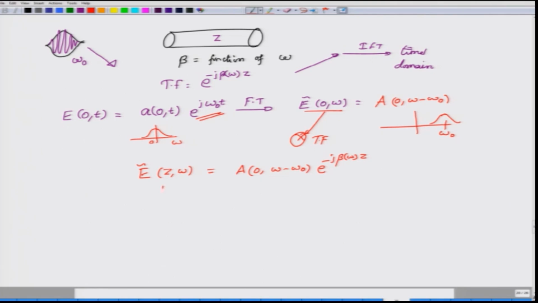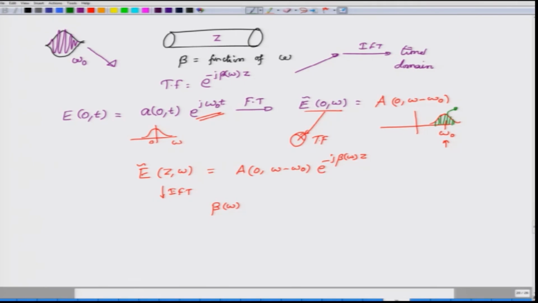Now, it is this one whose inverse Fourier transform I need to take. Before doing the inverse Fourier transform, I want to look at this beta of omega. Since my frequency range of interest is now centered at omega 0, the different frequency components that make up this particular thing can be written in terms of difference with respect to omega 0.